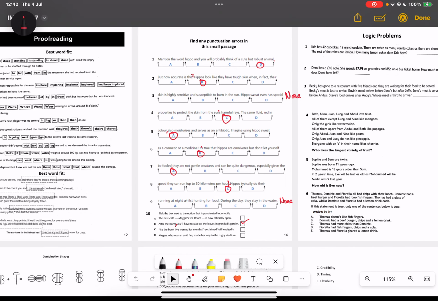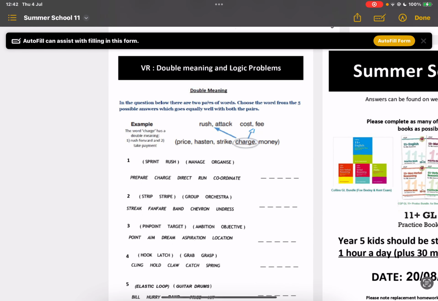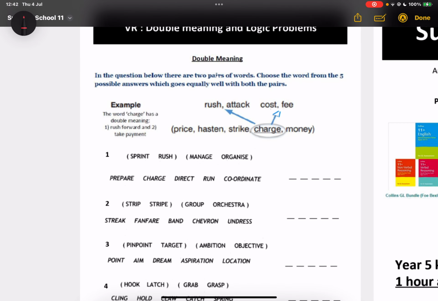Next is VR, double meaning and logic problems. So here, double meaning. In the question below, there are two pairs of words. Choose the word from the 5 possible answers which goes equally well with both pairs.